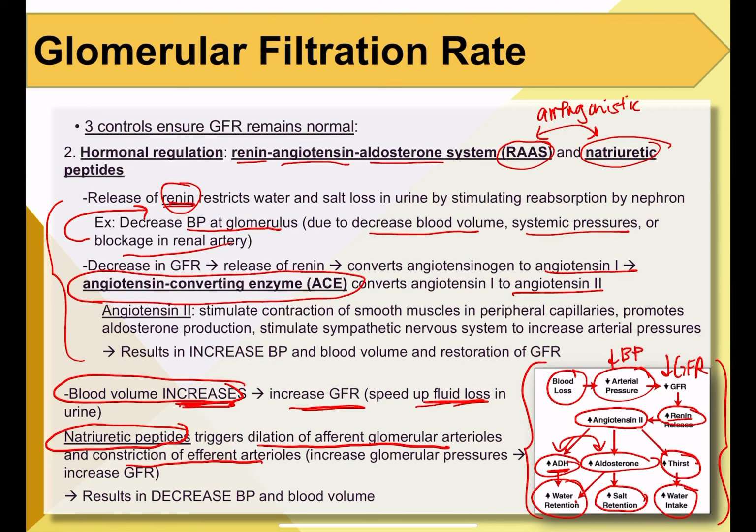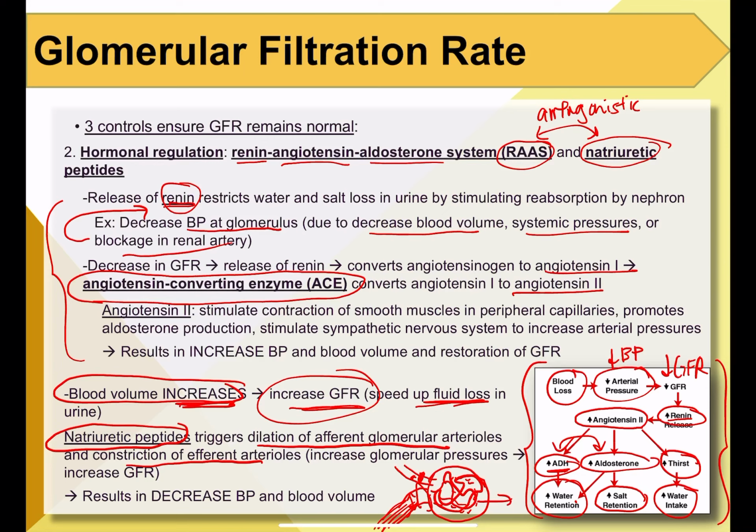Going back to your little drawing of the glomerulus, here's your afferent, here's your efferent, and here are the glomerular capillaries. If you make this bigger and this smaller, squeeze this down, lots of blood will be able to come through, causing an increase in GFR. Lots of blood is going through your glomerulus, and lots of fluid is coming out into your capsular space and also your renal tubule.